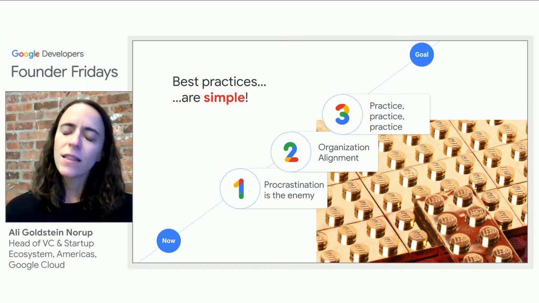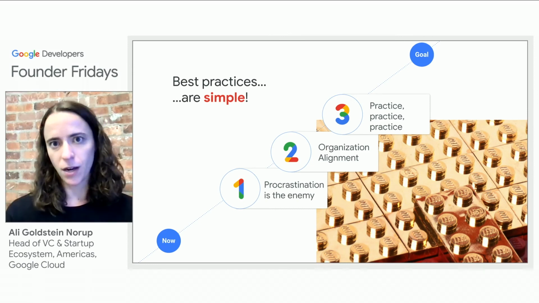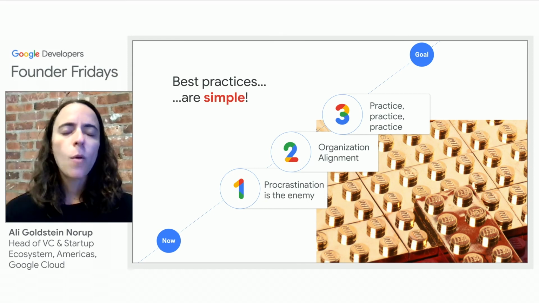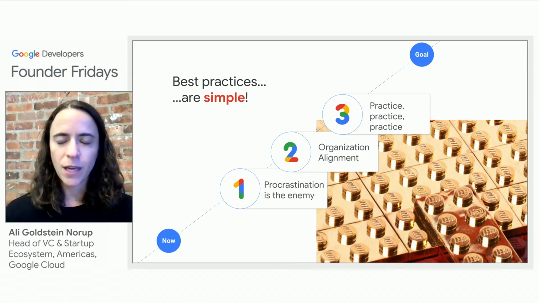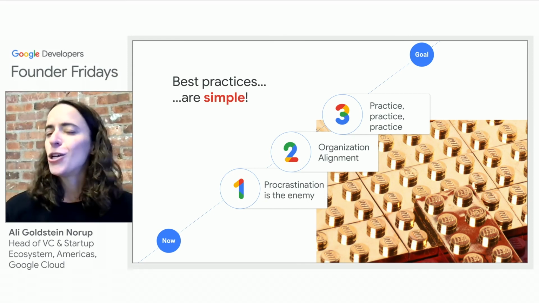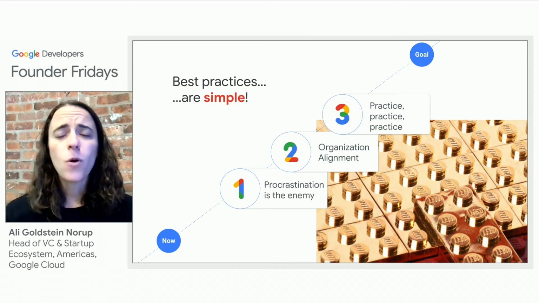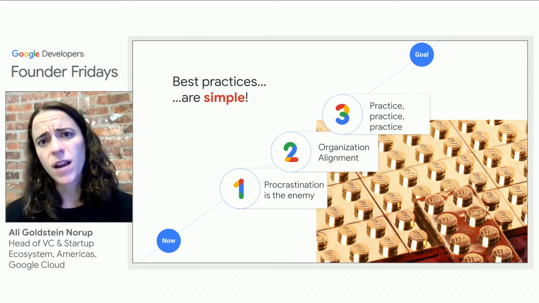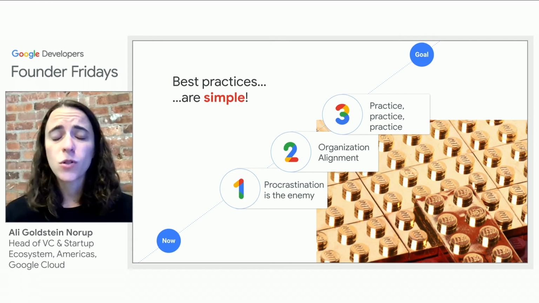So with that, let's talk about a couple of easy best practices. Number one, procrastination is your biggest enemy. If you're in the super early days, use a Google Sheet, use a form, get that information somewhere. There are many tools out there to start aggregating that.